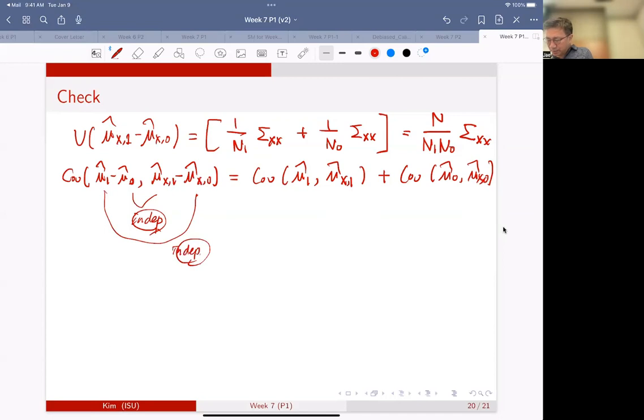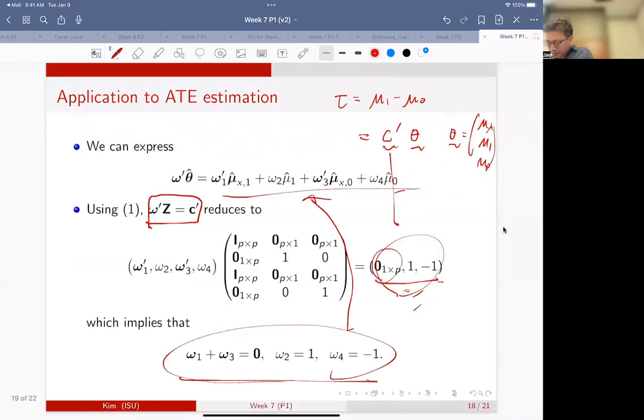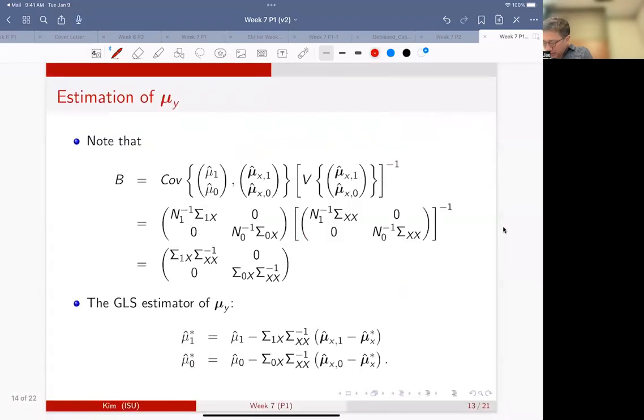We explained this before. Let's go back. Here, right? This covariance is 0. So the covariance of mu hat 1 and x0 is 0, right? So the same thing here.